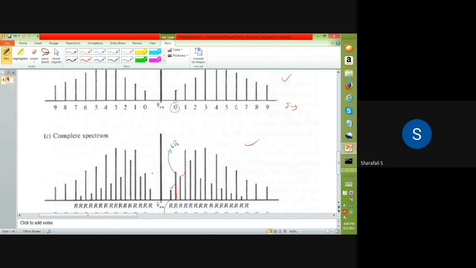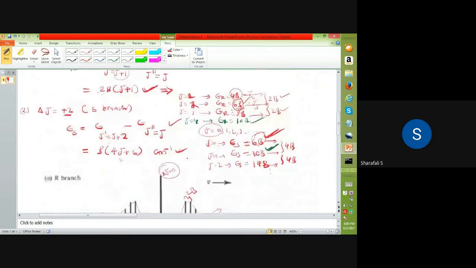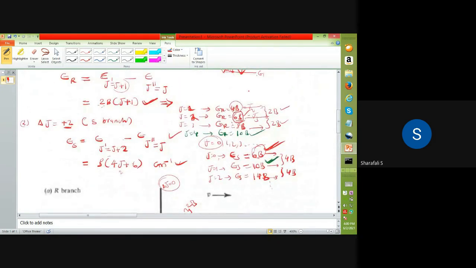So in the case of 8B, you will have the same intensity, because there is no overlapping happening. But in the case of the next line, this is 8B, this is at 10B. Okay. At 10B, we have the overlapping because we have the spectral frequency at 10B in both cases. You have a 10B here, you have a 10B here.